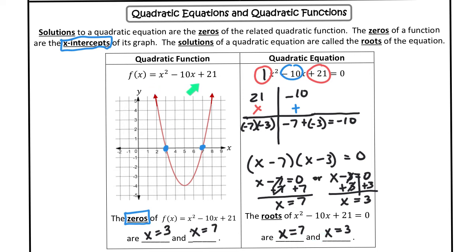I took this function and set it equal to 0 and factored it into these two pieces, and then set each parentheses equal to 0, solve for x, and so I get the same answers either way. So I can graph to get the x-intercepts, or I can work the algebra out and get the x-intercepts that way too. Awesome.